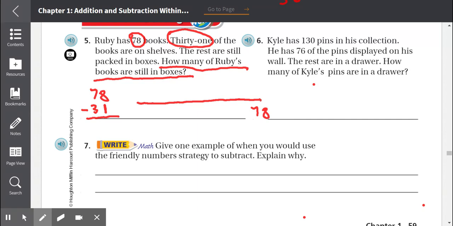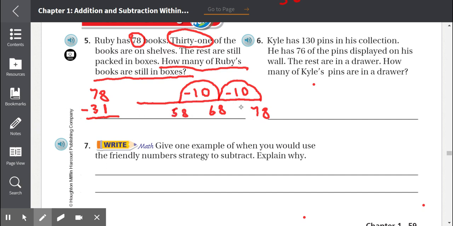So 78 minus 10 will be 68. Now we can do another jump of 10 because we can't pass 31. So if we do another jump of 10, that will be 68 minus 10 will be 58.